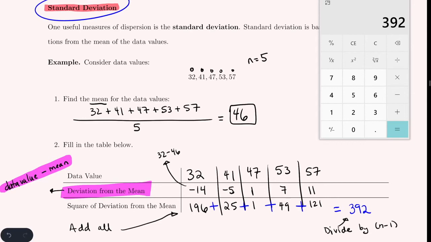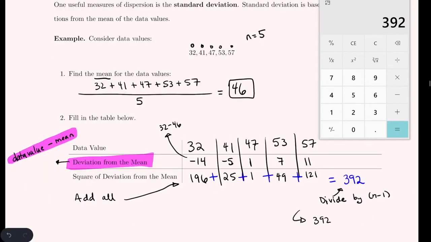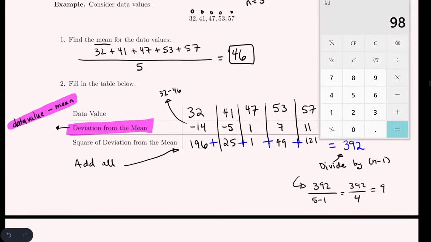But we do not want to divide it by n, we want to divide it by n minus 1. So now I would take the 392 and divide it by 4, because it's 5 minus 1. That's 392 divided by 4. And that gets us the value of 98.